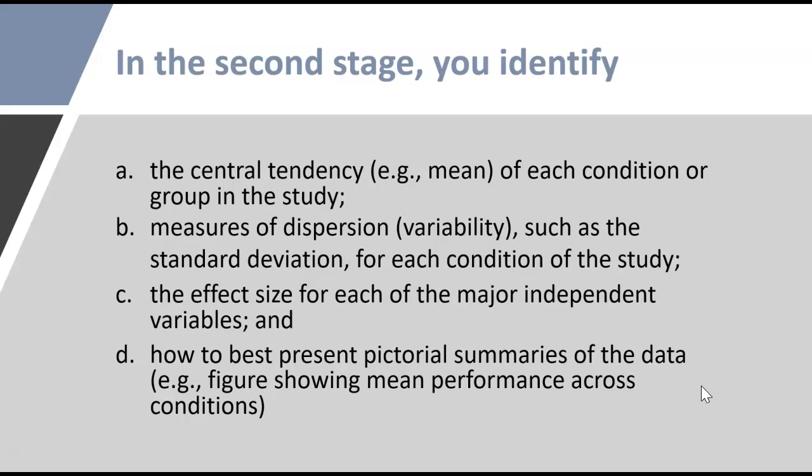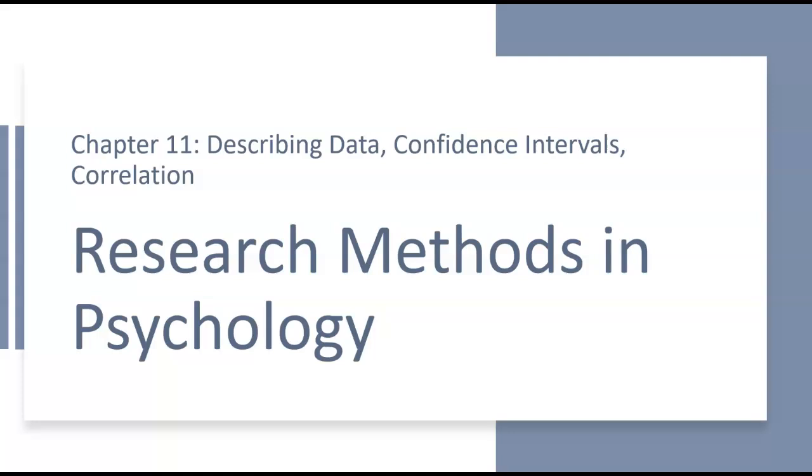You might also want to show line graphs or means plots if it's helpful for communicating an interaction effect, for example. But eventually you need to decide how best to present summaries of the data. If pictures help, if they make things more clear, then you add them. If they're just redundant and they're not useful, I typically leave them out. And that concludes part 1 of our coverage of Chapter 11.